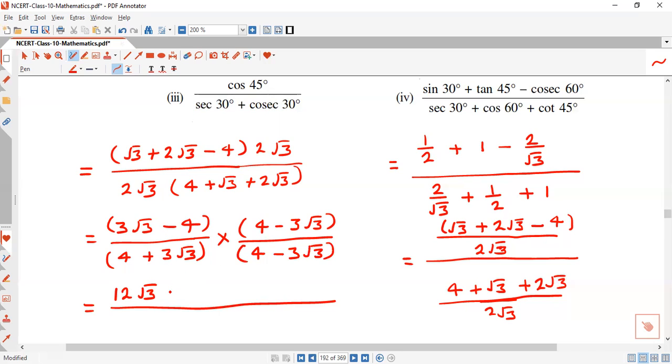So it comes out minus 27. Minus 4 into 4, minus 16. Minus 4 into minus 3 root 3, so minus minus plus, 4 times 3, 12 root 3. In the bottom side, we have a very simple value, 4 squared minus 3 root 3 whole squared.